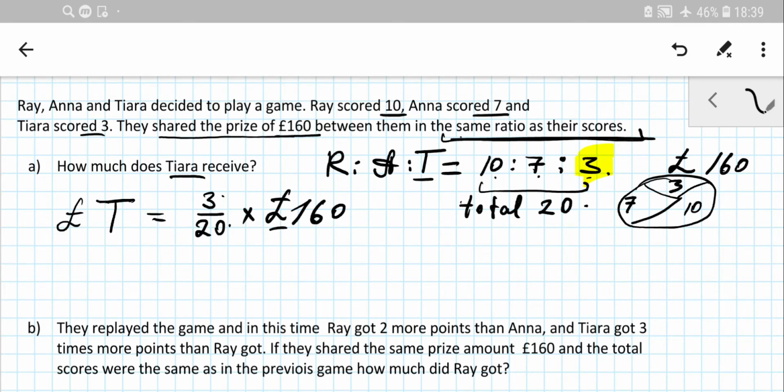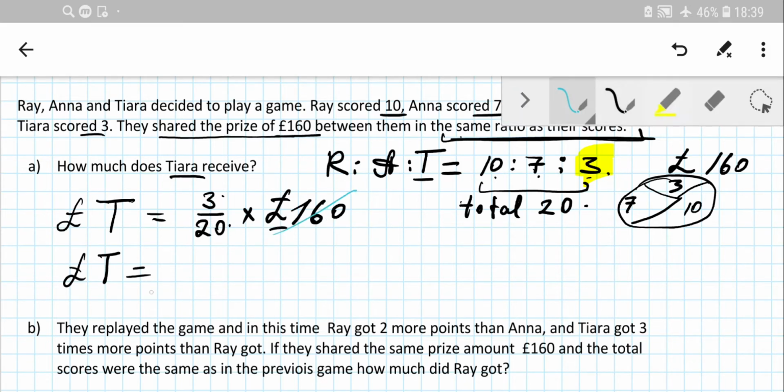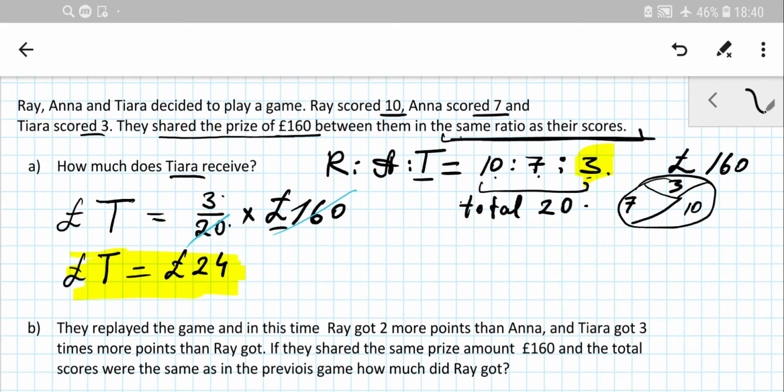So you're on the right track. Tiara's price in pounds is simply 3 times 160 over 20. You can cancel 160 and 20, having 8, and so 24 is the total amount in pounds. That's her prize: Tiara will get 24 pounds.